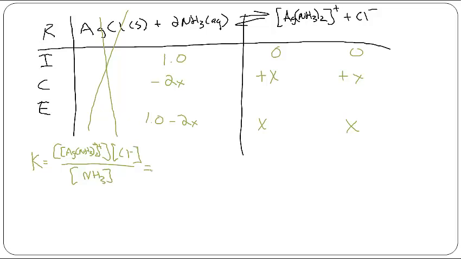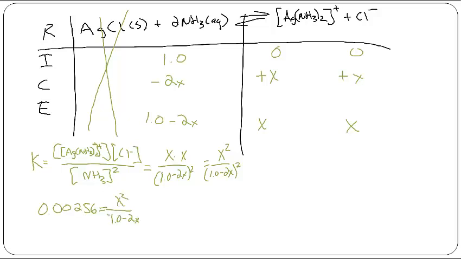So I plug in x for both of these on the top, and I get x times x over (1.0 minus 2x) squared. So I get x squared over (1.0 minus 2x) squared. So now I'm going to plug in my k value, which we saw was 0.00256 equal to x squared over (1.0 minus 2x) squared.